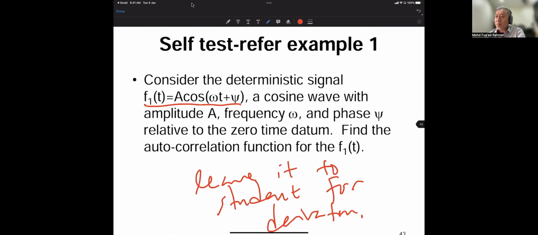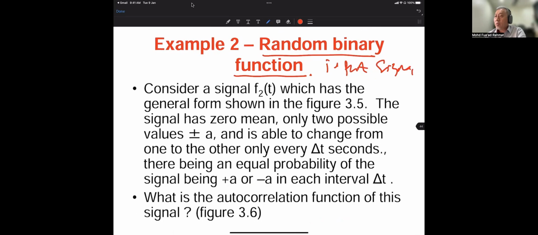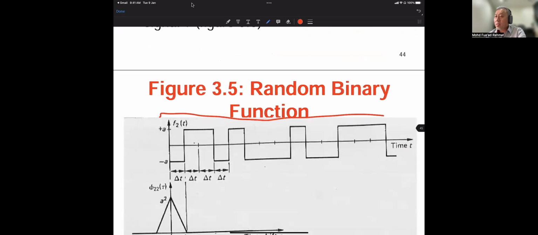So we also apply it to random binary signals, which is one of the important input signals for system ID, shown in figure 3.5. So this is the random binary signal. Delta t is the sampling time.